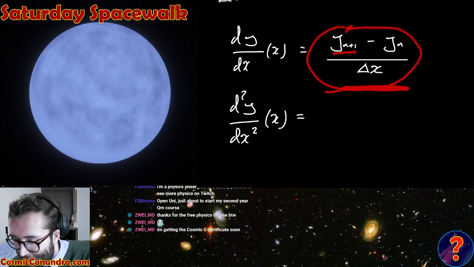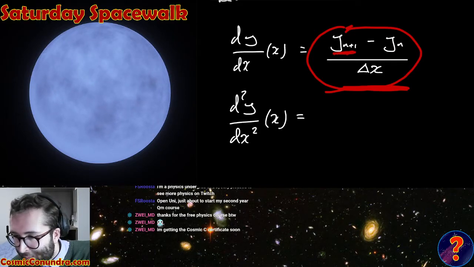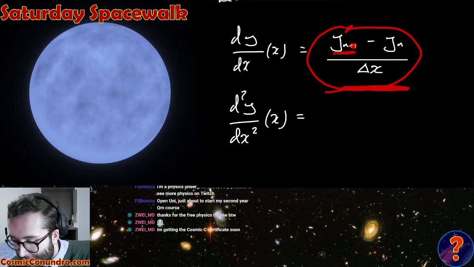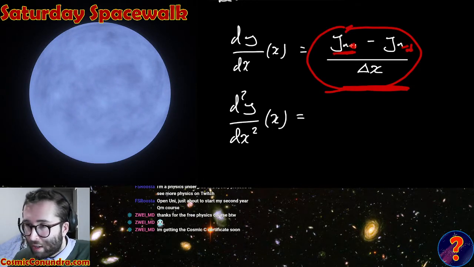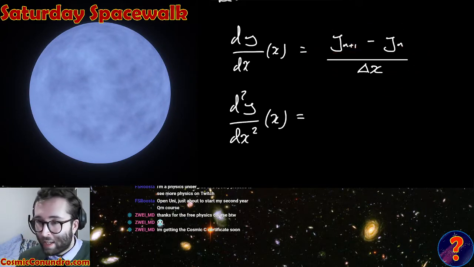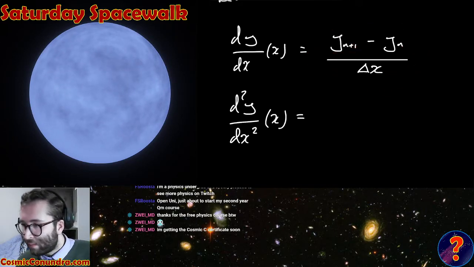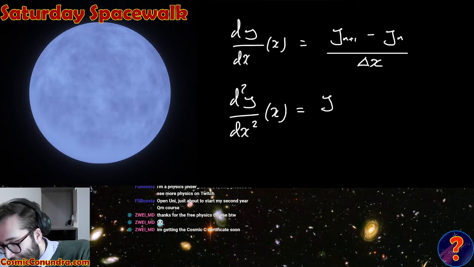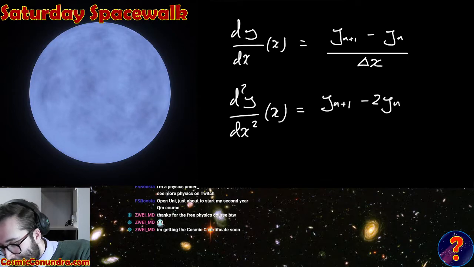So that will now have yn minus yn minus 1 here. And then you take the difference between the derivatives and divide that by delta x. You know, the second derivative is just the derivative of the derivatives. And when you do that, you find it's equal to this.